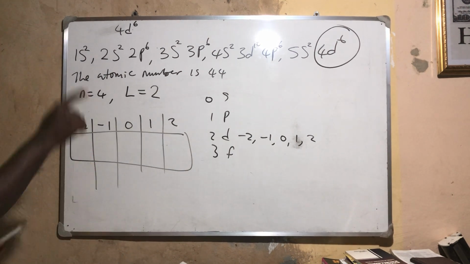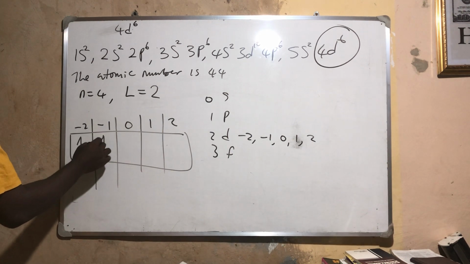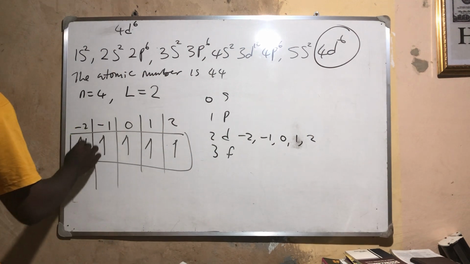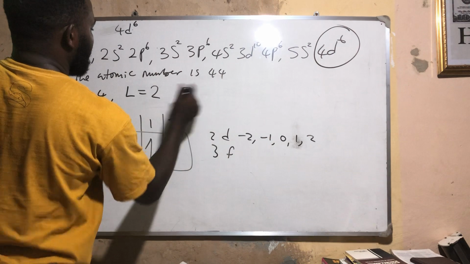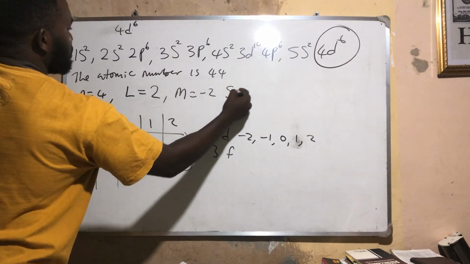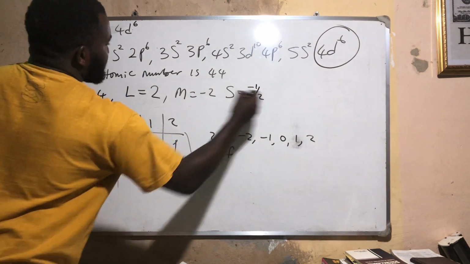So let us share the last electron there, 6. If we share it, we spin up first, 1, 2, 3, 4, 5. Then we spin down 6. Since it stopped at -2, our magnetic quantum number is -2. And since it stopped with spinning down, the spin quantum number is -half.